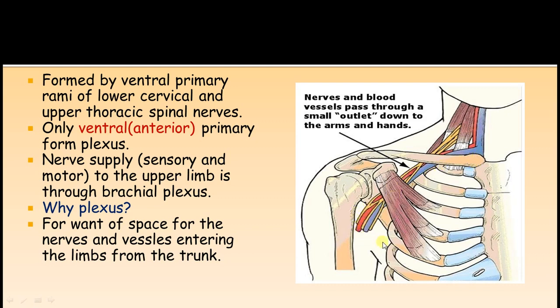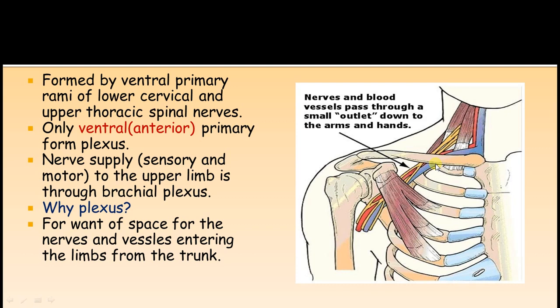The brachial plexus ultimately gives around 10 to 15 branches. Just imagine if these 10 to 15 branches arose directly from the spinal cord, how much space they would occupy. That is why the need for the plexus arises.